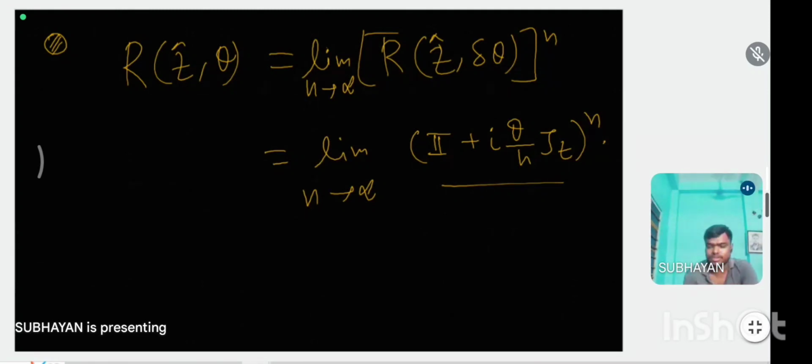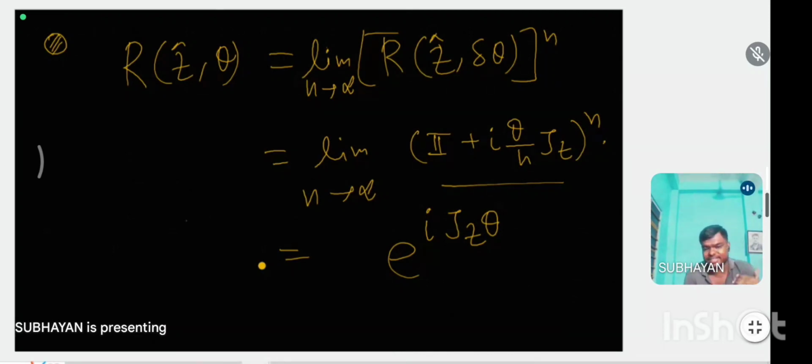You can search about that, the power form of the exponential series. So this is one form of the exponential series, and it will yield e to the power I Jz of theta. Okay.